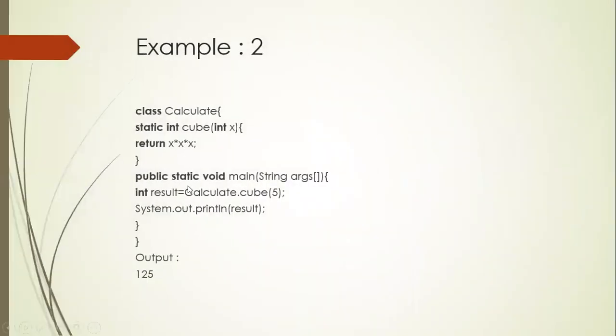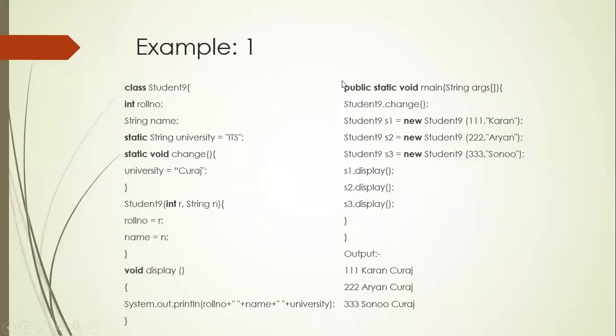In this class, you see public static void main. I am calling the change function without creating the object. With the help of the class name itself, I am calling it. For the remaining methods, like the display method, I am calling with the help of objects S1, S2, S3.